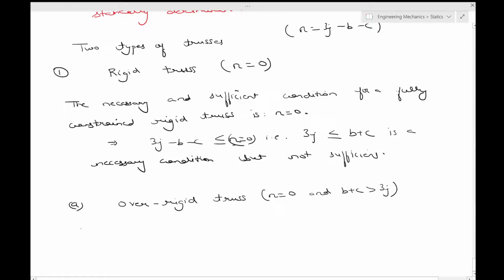So it's called over rigid if removal of a few members, and you will see all this more clearly when you see the solved examples.